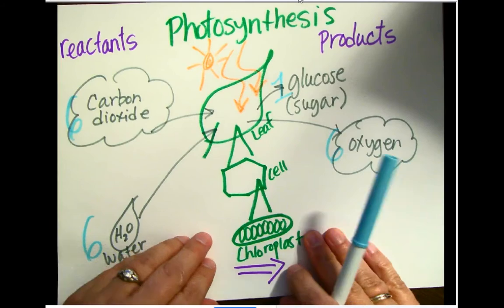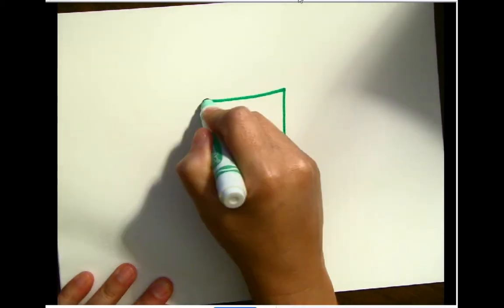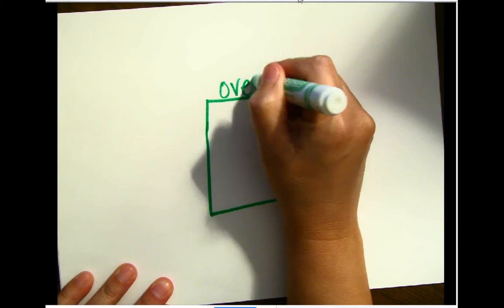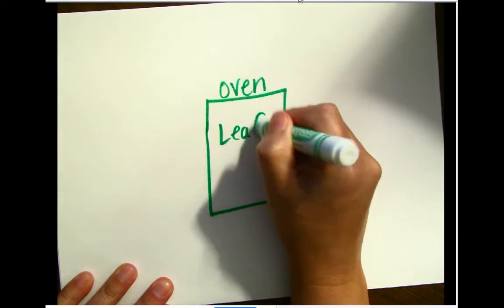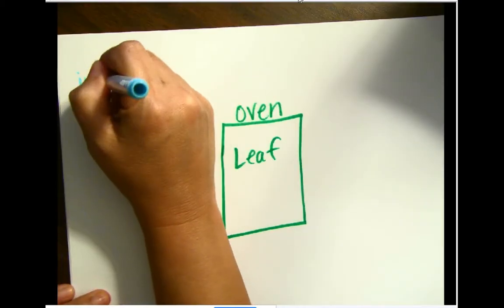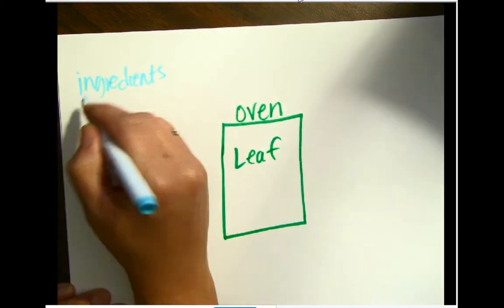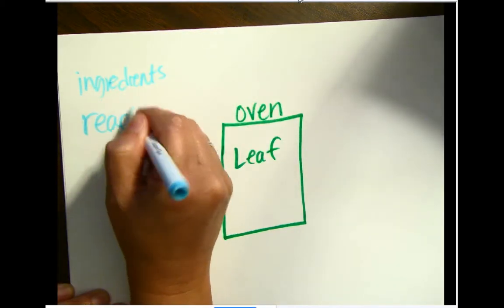Okay, it's kind of like making a cake. I want to show you this. Let's pretend our leaf is an oven. This is the leaf. Okay, we have our ingredients. But we really call them reactants.